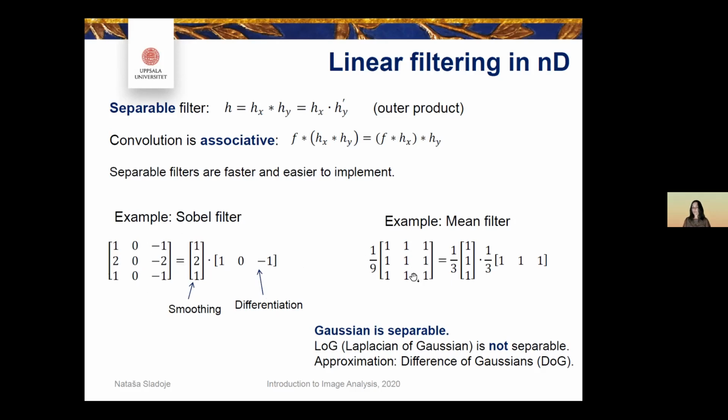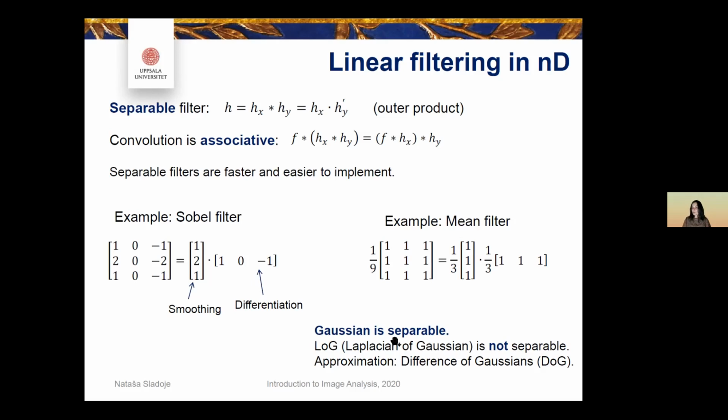Another very simple example is mean filtering, where we can realize this application of a 2D filter, which computes the average in a 3x3 neighborhood, by this column of ones and this row of ones, so a vector times a transposed vector of ones with suitable constants, and we have a decomposition of this mean filter into two 1D filters.